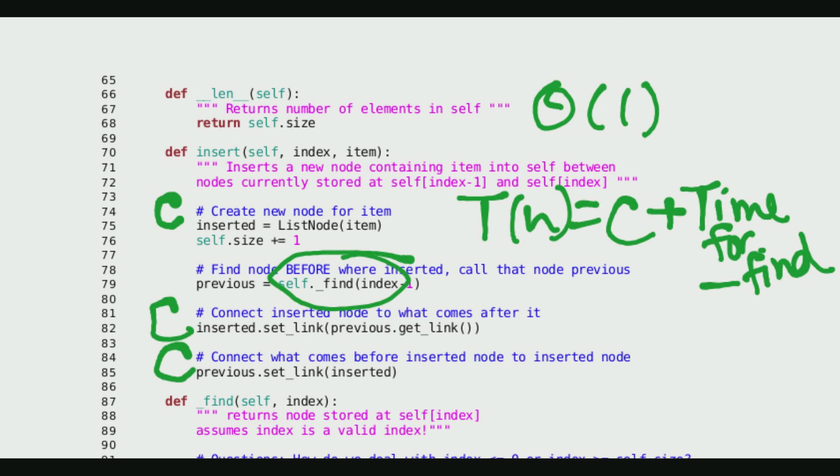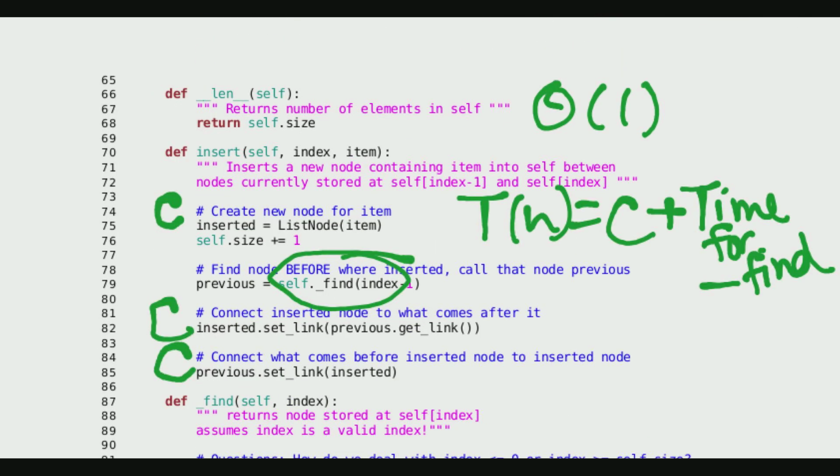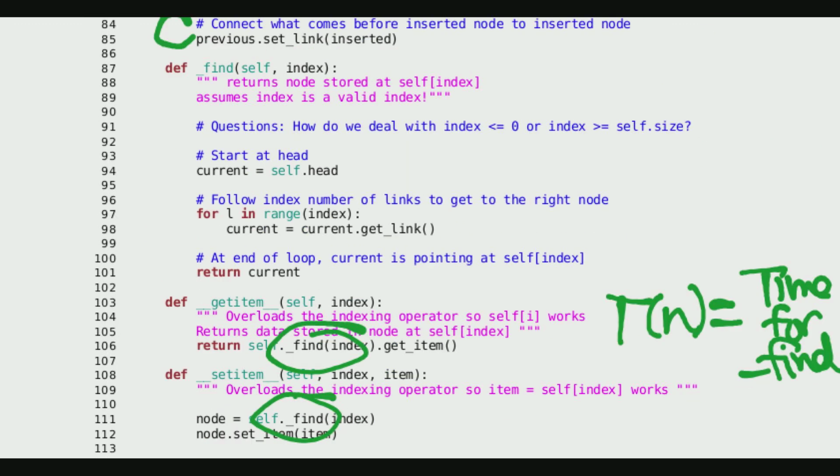And we see that most of the methods we've already written for the linked list, aside from getting the length, which is just returning a single value, depends on the time analysis of underscore find. The next step will be to analyze this function.